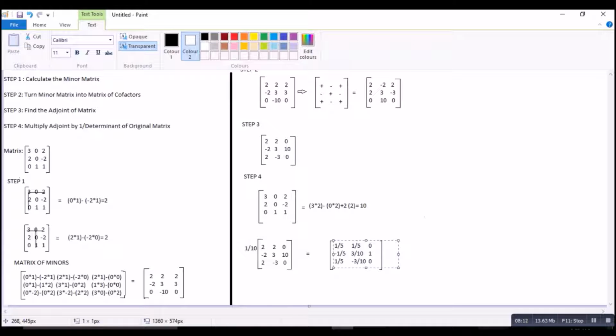The second step is implemented by applying the checkerboard of minuses to make the matrix of cofactors, and in the third step the matrix of cofactors is transposed to give the adjoint matrix. And the last step is the multiplication of 1 over the determinant and the adjoint matrix, performed by calculating the determinant of the sample matrix.